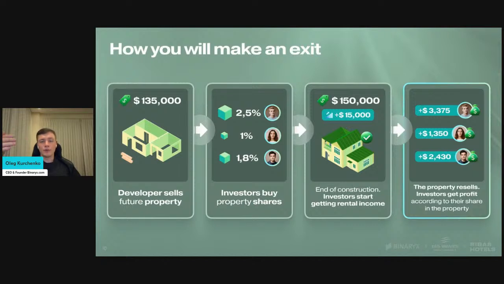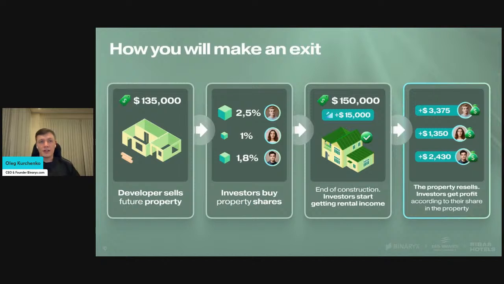And of course, before listing the property on our platform, we check the market prices: what the same properties in the same location will cost in the future when they are constructed and start generating income. That is the margin that gives us the possibility to work and gives our investors a chance to make a profit with us.